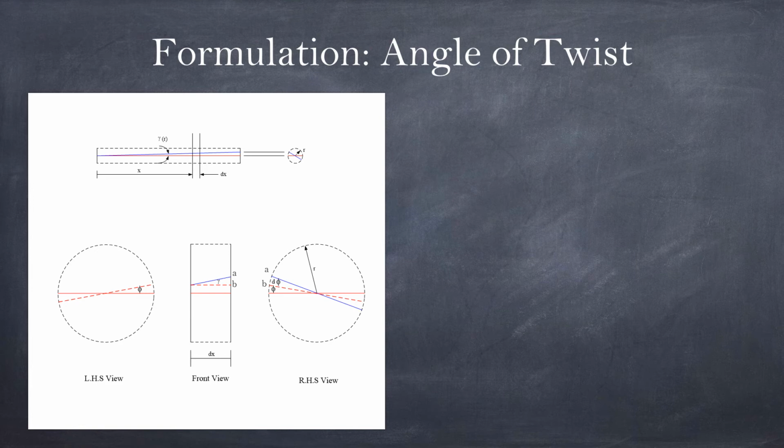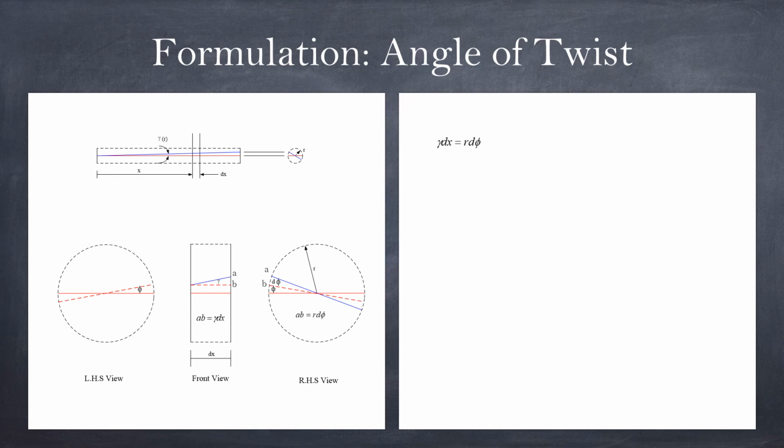If I calculate this arc length on the dx side, AB equals gamma dx. Sorry, my apology, gamma dx. But if I look at the right-hand side, AB is equal to r times d phi. However, these are the same AB, therefore gamma dx must be equal to r d phi.